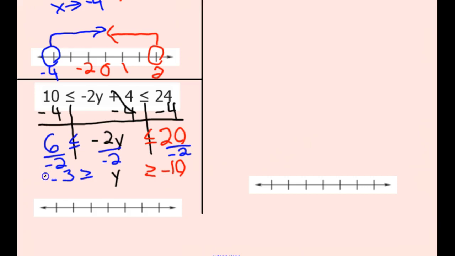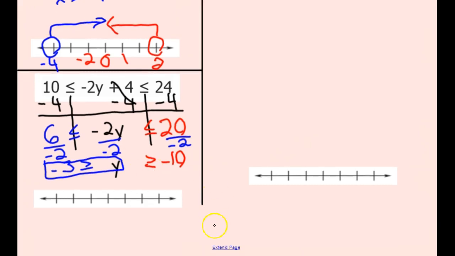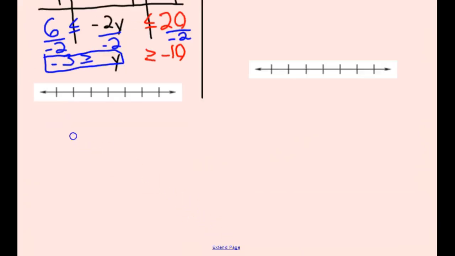Now split this up into two problems. Here's one. I'm going to make our page a little bit bigger so we have some more room. So this is negative 3 is greater than or equal to y.